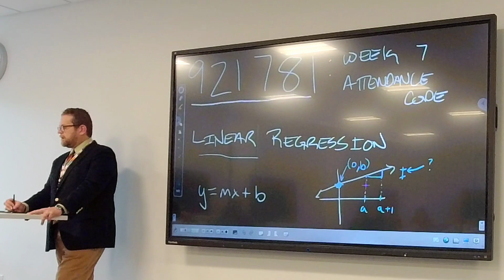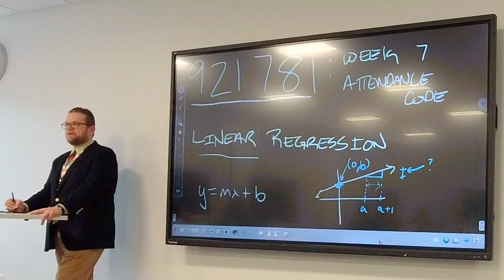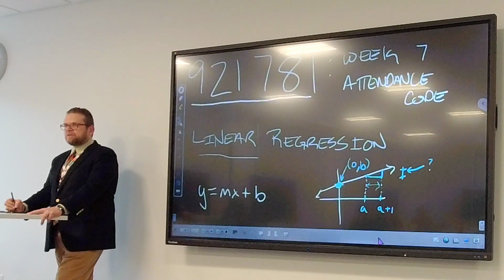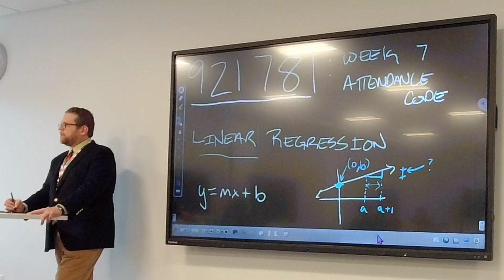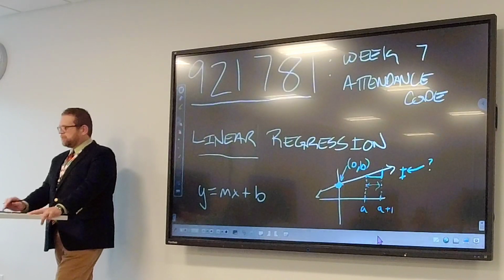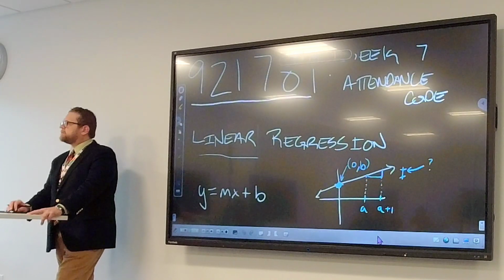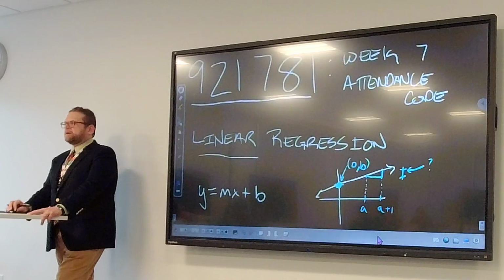Okay. And what's my run right here? 1. So what's the rise? If the run was 1 and the rise was 1, then the slope would be 1, wouldn't it? Yes. Okay, the slope is m, and the run is 1. So what's the rise?